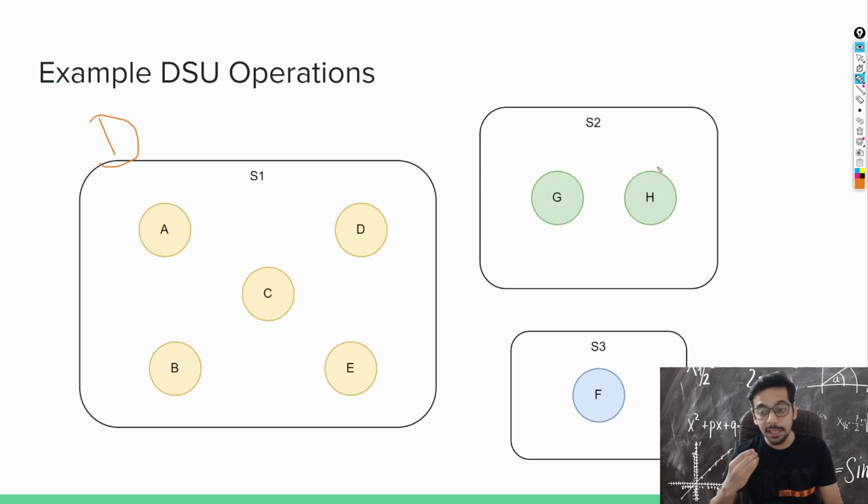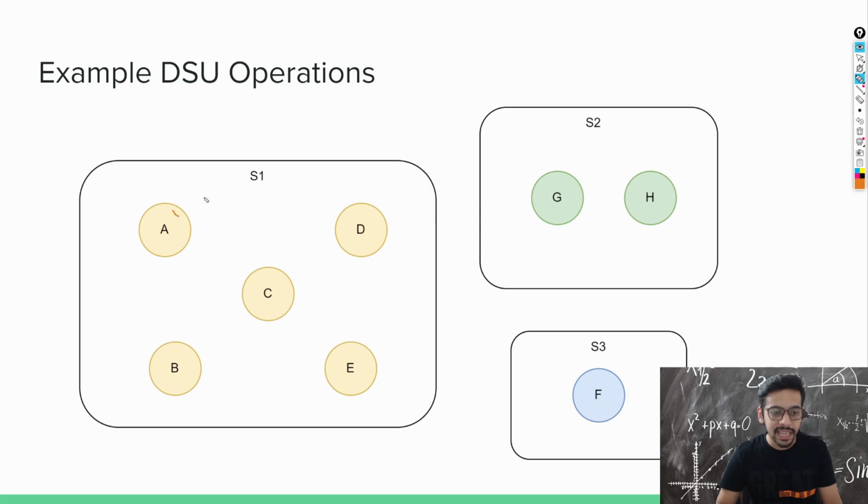Now, every set has a representative element. So S1 has one representative element, and maybe let's call A the representative element. For S2, let's say G is the representative element. Similarly, for S3 only F is there, so F will be the representative element.